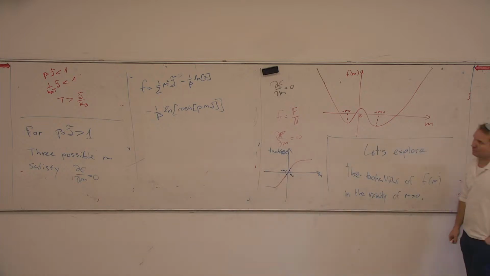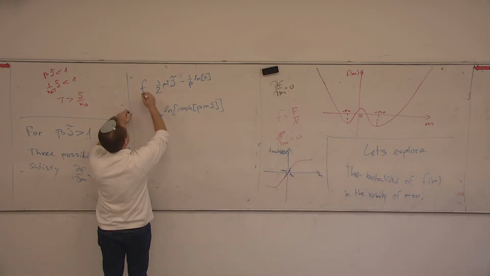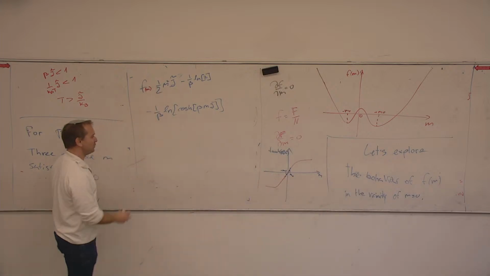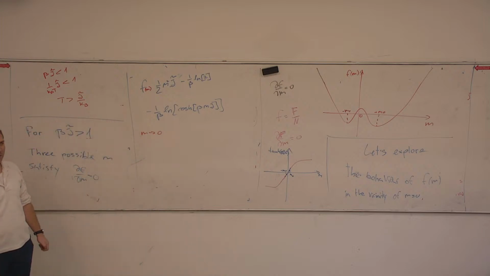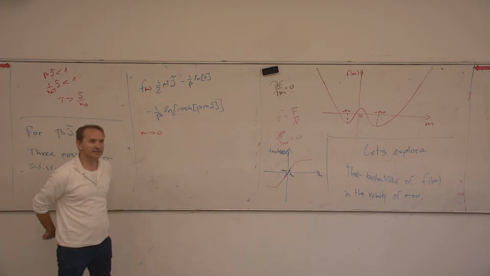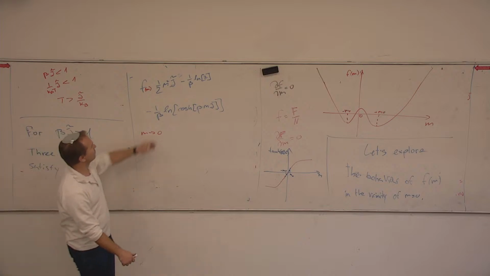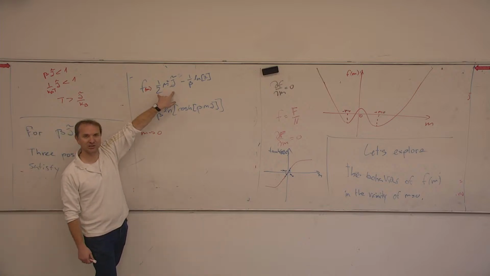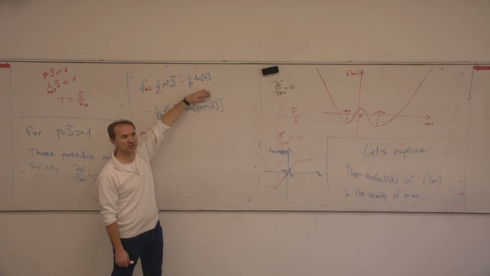Okay, so this is f of m. We assume that m goes to 0. When m goes to 0, I'm going to expand those terms in the vicinity of m goes to 0. This is already an expansion, m squared, so I don't really need to touch this term. This is an additional constant term, and I'm not going to touch it either.